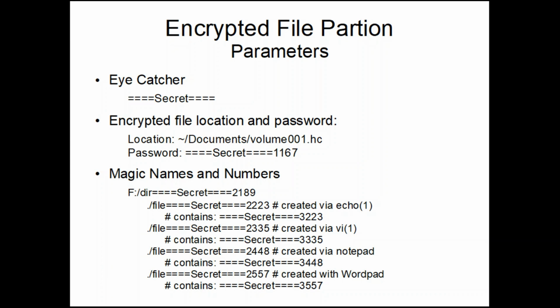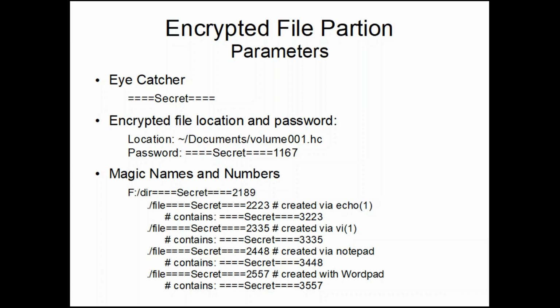The encrypted file is going to be created under Documents with the name of volume 001, and then the default extension for it is .hc. The password for this encrypted file is a secret, so for this demonstration it's going to start with the eye catcher, and then I've got a random 4-digit number.